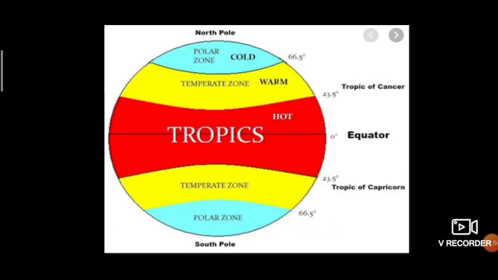This yellow portion indicates the temperate zone, and this one is our frigid zone. So there are 3 main heat zones: torrid zone, temperate zone, and polar zone or frigid zone.